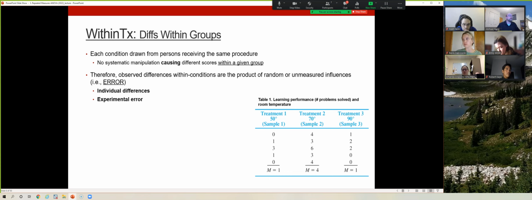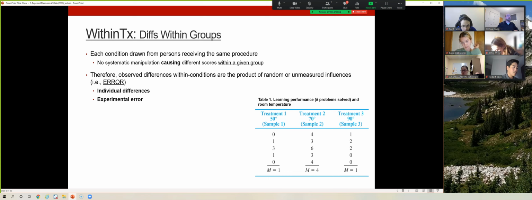No, it doesn't, right? We're always going to see some differences within our individual conditions or groups. That suggests there are differences in scores within a condition, which are a product of some random influence or stuff that's not measured.